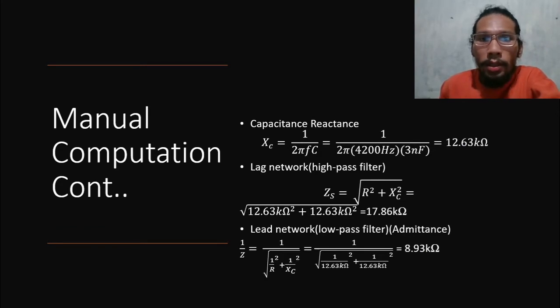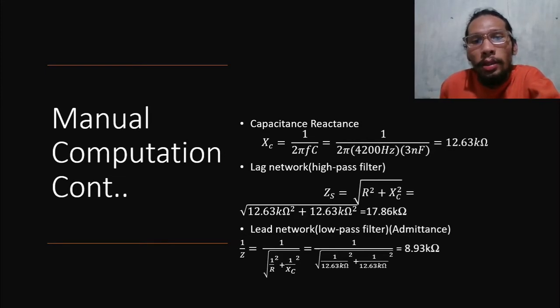For the capacitive reactance, XC is equal to 1 over 2 pi FC, which is the same value as the resistors R1 and R2, that is 12.63 kilo ohms. And for the high pass filter or the lag network, the series impedance is equal to the square root of R squared plus XC squared, and that results to 17.86 kilo ohms.